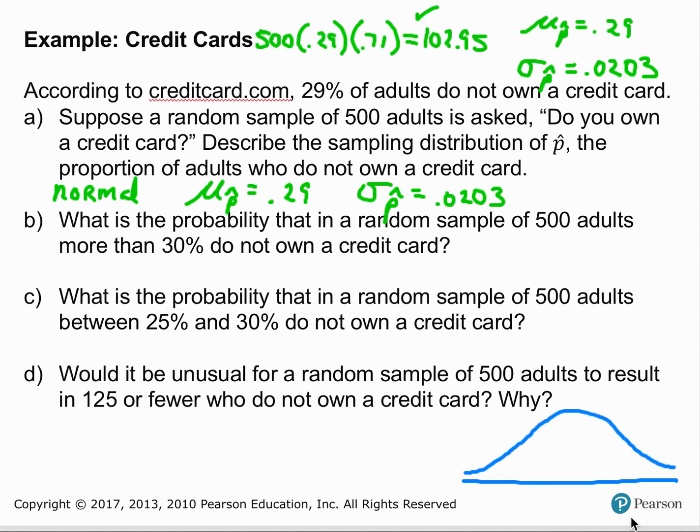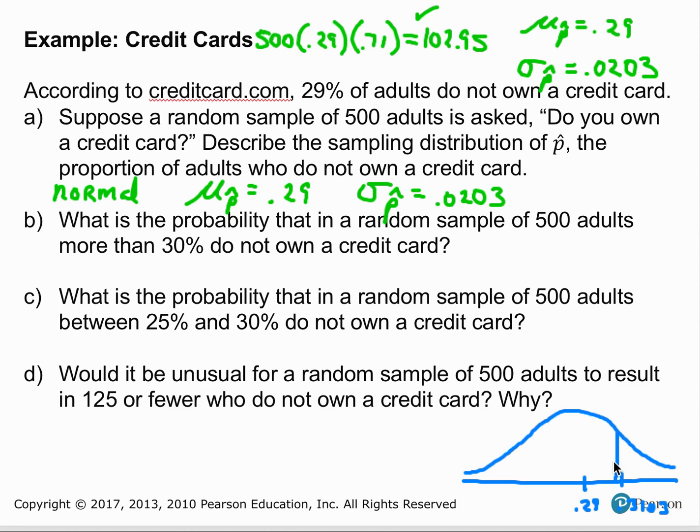If I'm going to use my calculator this time, I don't need to change to a z-score, so I'm going to say that my mean is 0.29, and one standard deviation is 0.0203. Okay, so more than 0.3. That would be about right here.